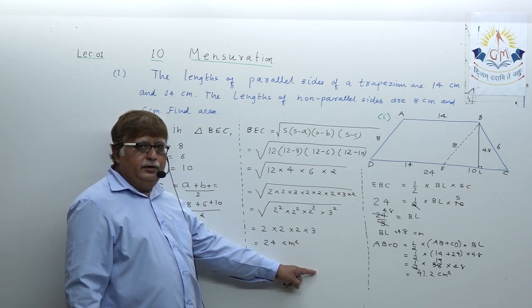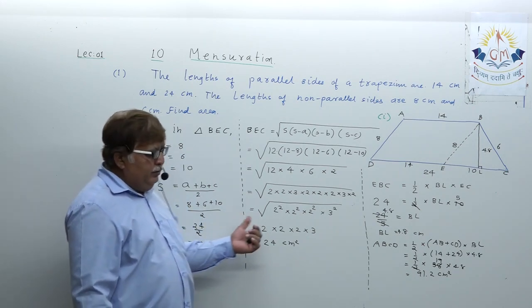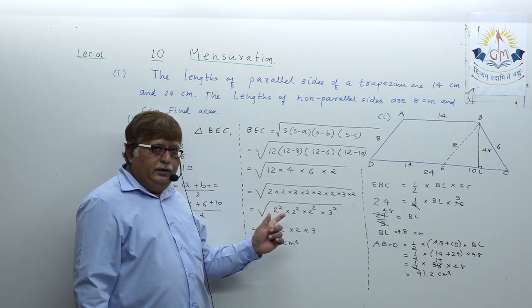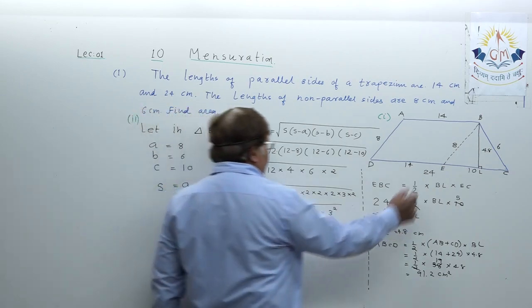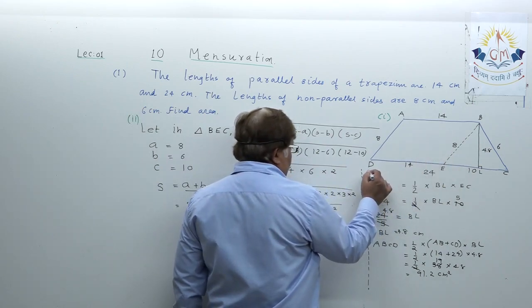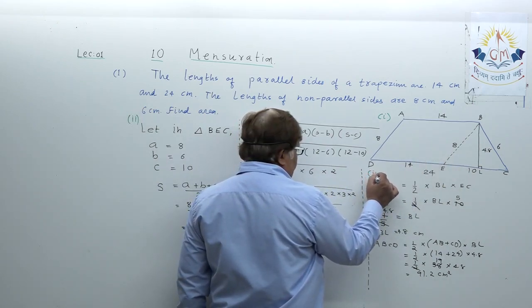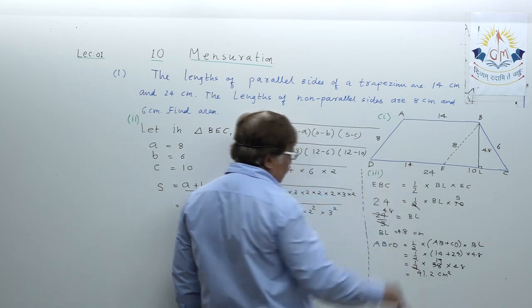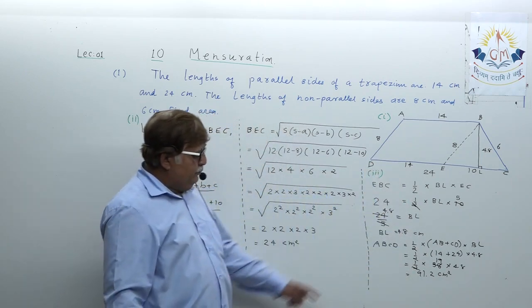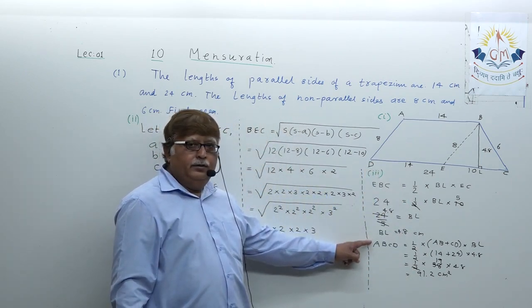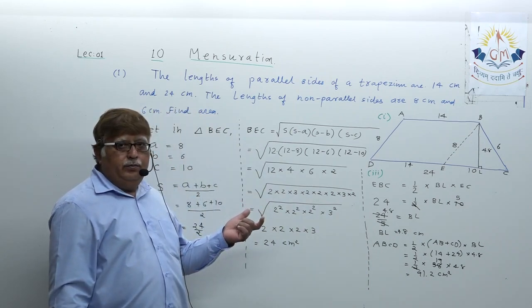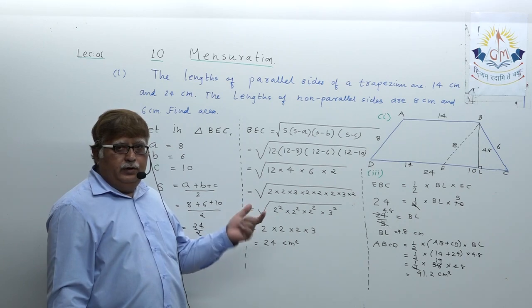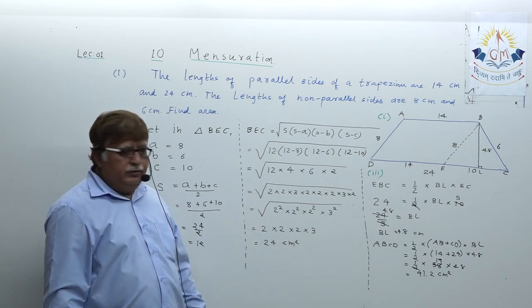Please concentrate. After you find the area of triangle BEC, your third stage, draw the altitude and try to find the altitude again by the formula of area of triangle, half into altitude into base.